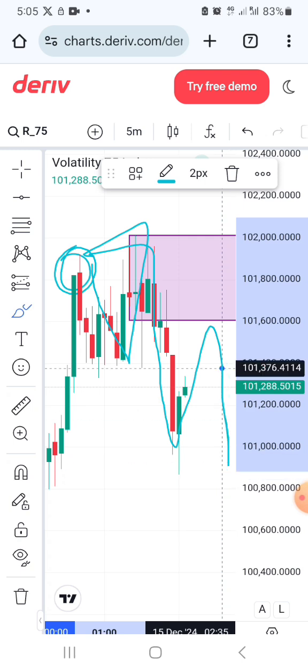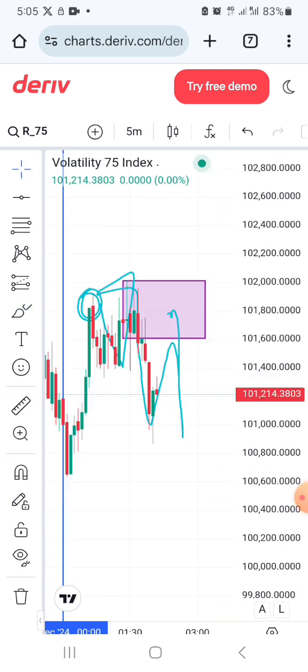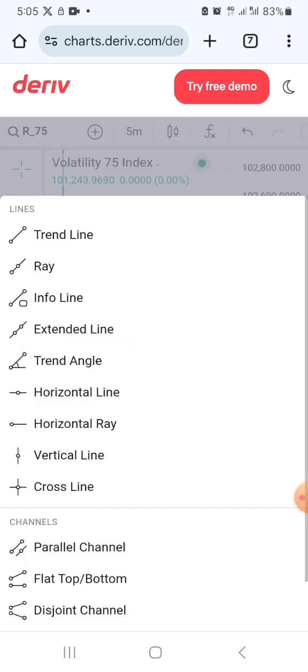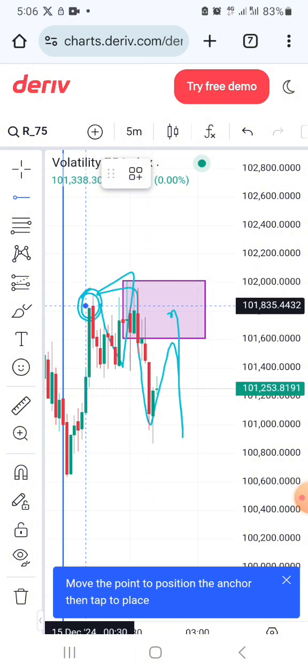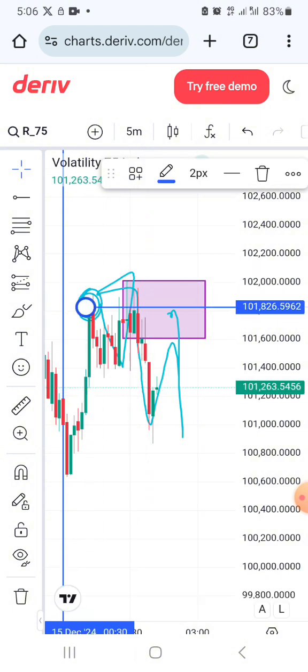Which means this is going to be our point of execution, exactly in our order block. So when you need to get a sniper entry, you have to get our horizontal line here, and then we mark like this, because this is our left shoulder here, like that. So that is a sniper entry.